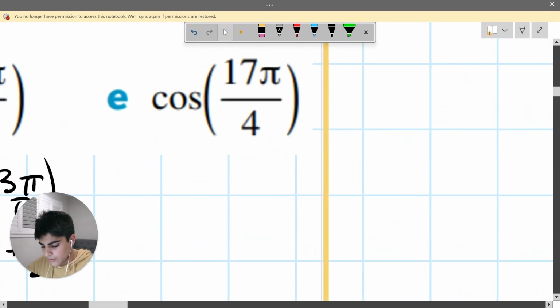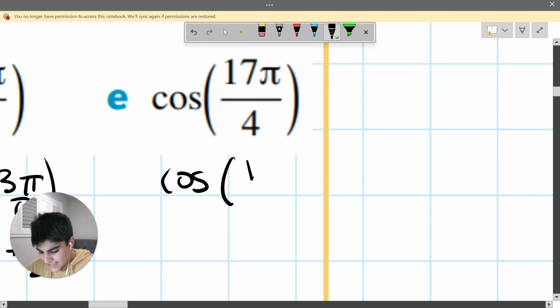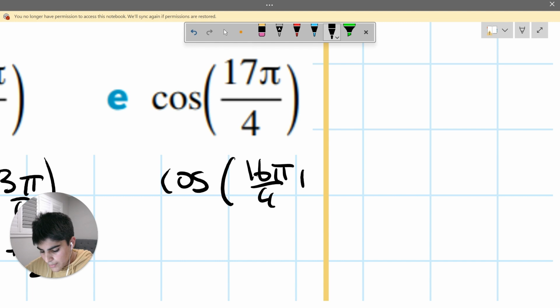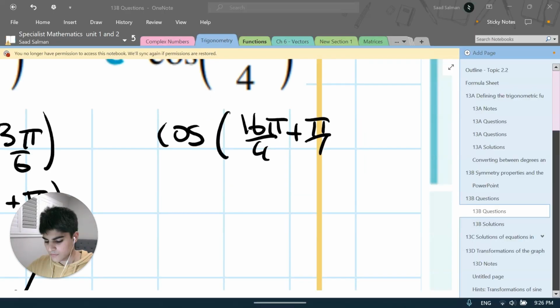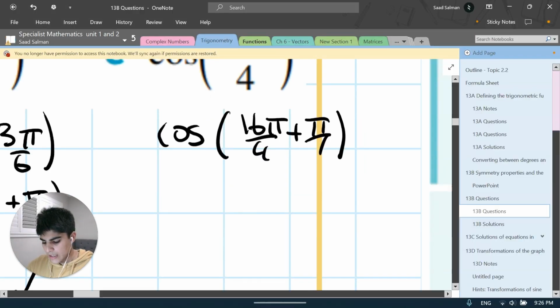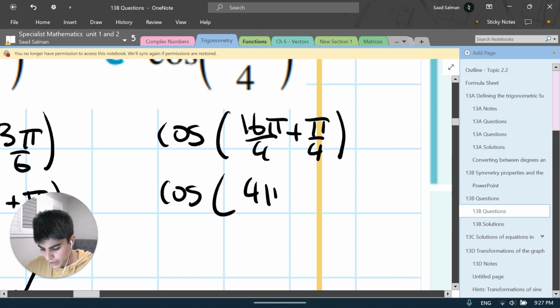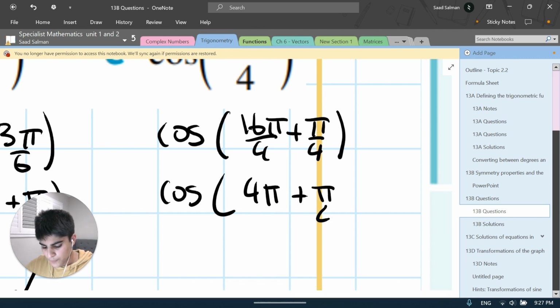Cosine 17 pi on 4. This equals cosine 16 pi on 4 plus pi on 4. Now cosine 16 pi on 4 plus pi on 4 is equivalent to cosine 4 pi plus pi on 4.